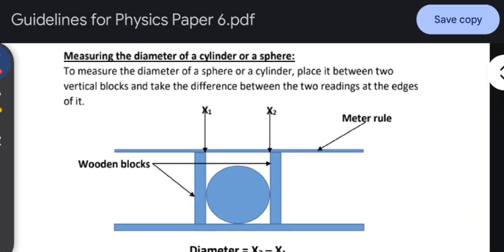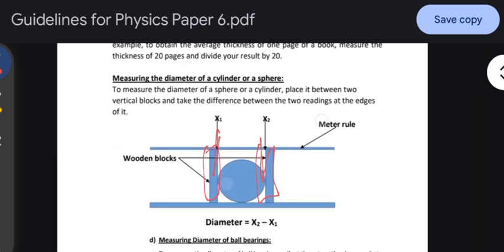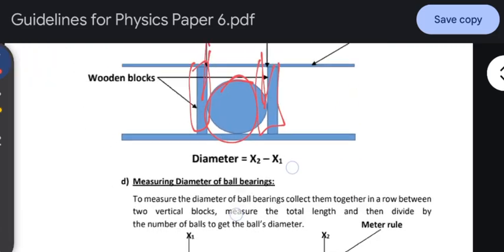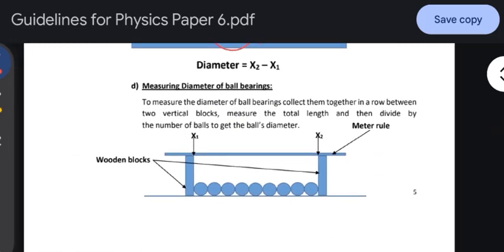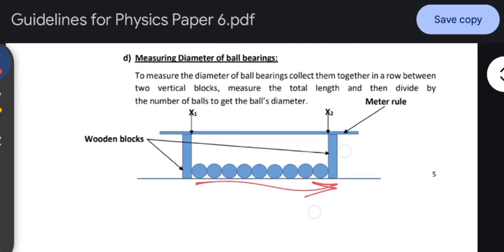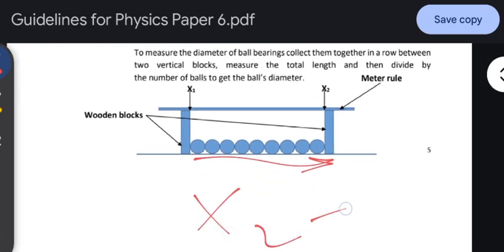Now this we already discussed before. To measure the diameter of a sphere or cylinder, place it between two vertical blocks, and then take the difference between these two readings, x2 and x1, and you will get the diameter. Now, measuring the diameter of ball bearings. To measure the diameter of ball bearings, collect them in a row. If you have to measure it for many balls, you collect them in a row between two vertical blocks and measure the total length. Again, x2 minus x1.